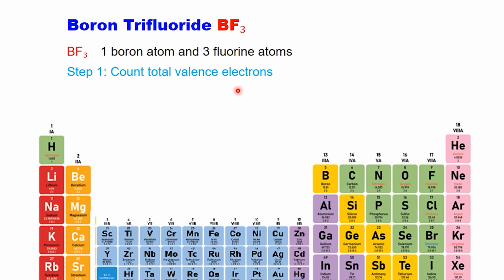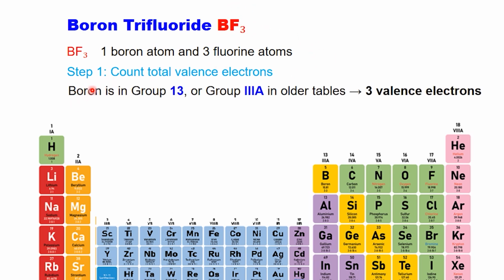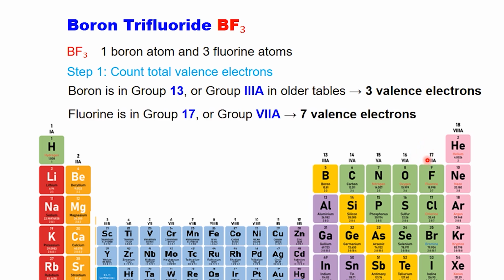Just like in the previous video, the first task is to figure out the total number of valence electrons in the molecule. Boron is in group 13 of the periodic table, which means it contributes 3 valence electrons. Each fluorine atom is in group 17, providing 7 valence electrons.